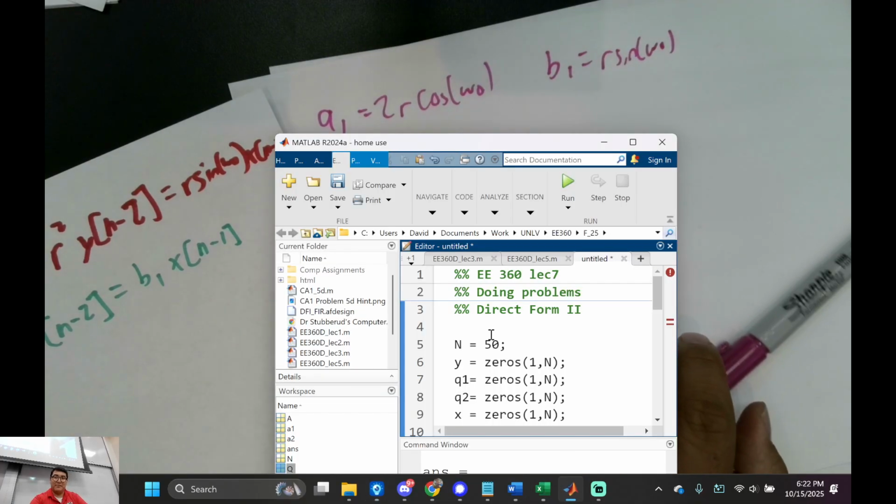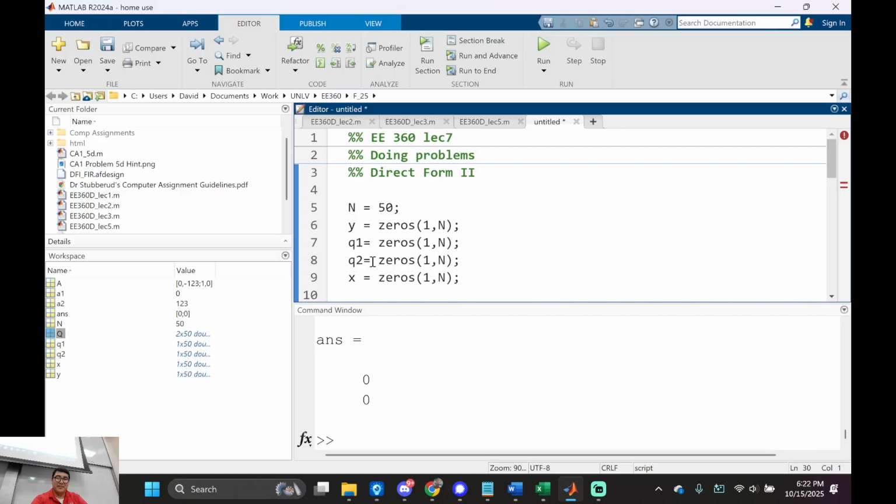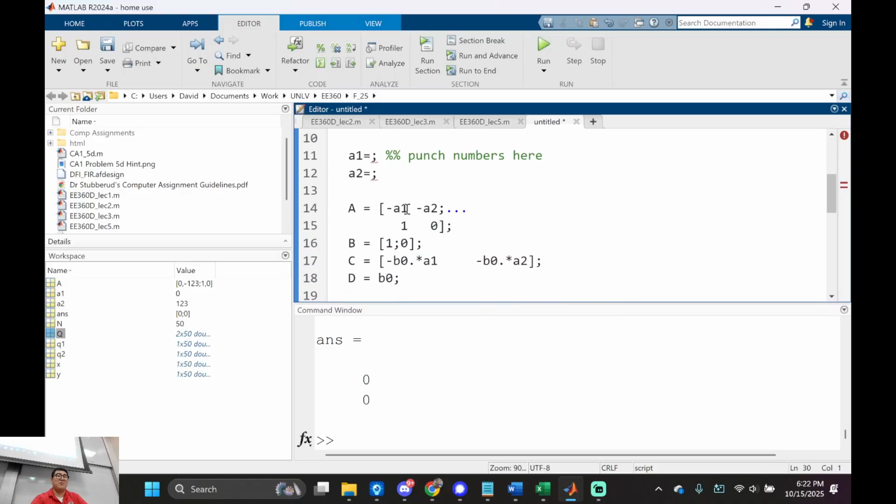Let's go back to our MATLAB. Remember that matrix? Got A1, A2, and B0. Or actually, it's not even B0, sorry. Ha ha ha. This is where I said, if you try to copy paste, it's gonna bite you. So, what was our B0 term?